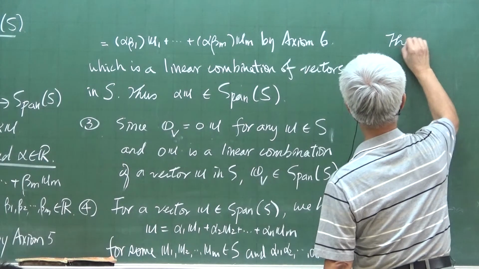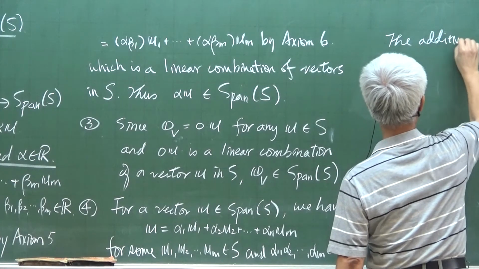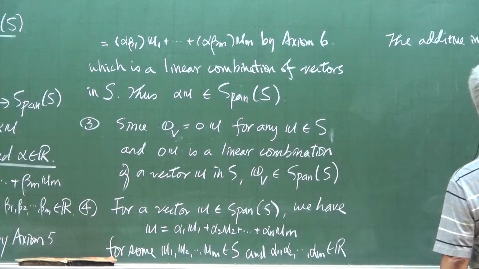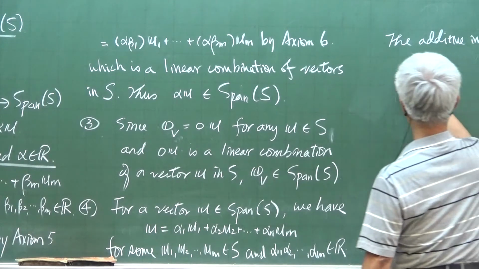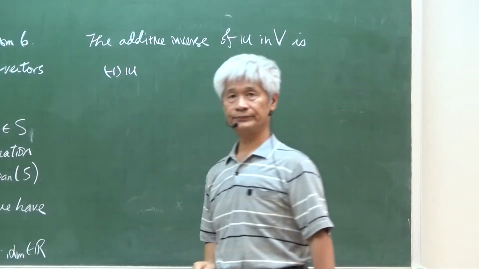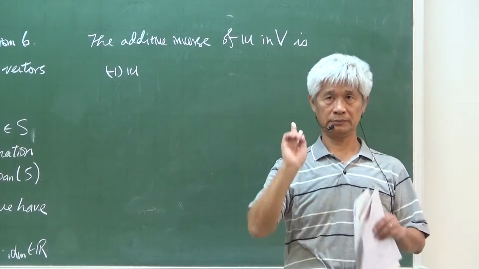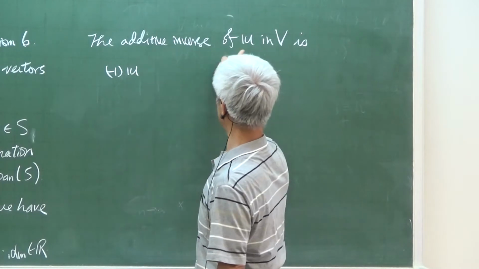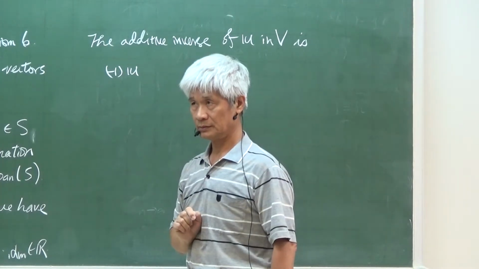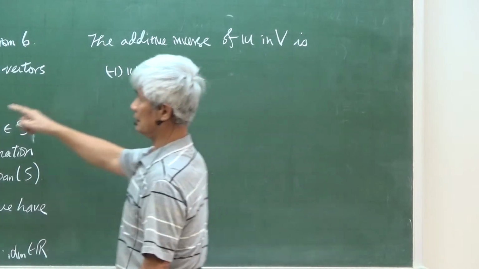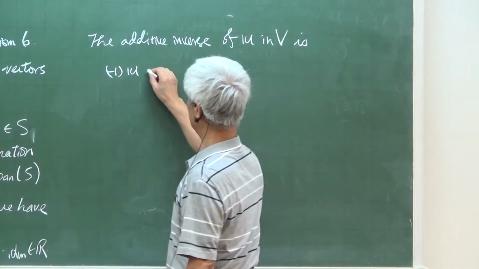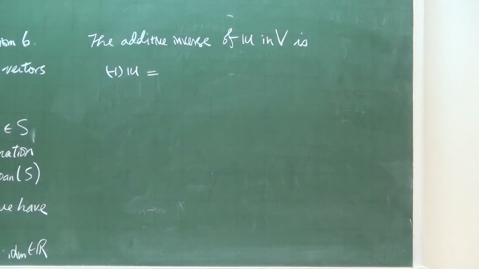Now, the additive inverse of U in V is minus 1 U, right? We proved that in the previous theorem. So multiplying minus 1 with U is just the additive inverse. But as in the proof of the claim, we can do it again.